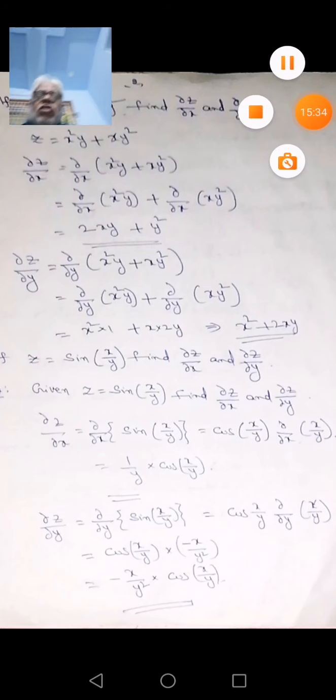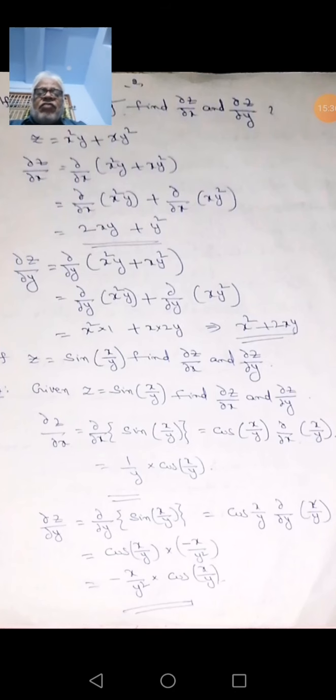But here, cos of x by y into dou by dou x of x by y is equal to, the derivative of x by y with respect to x means 1 by y is constant, the derivative of x is 1, so 1 by y into cos of x by y as it is. So if z is equal to sin of x by y, then dou z by dou x is equal to 1 by y into cos of x by y. That is dou z by dou x.